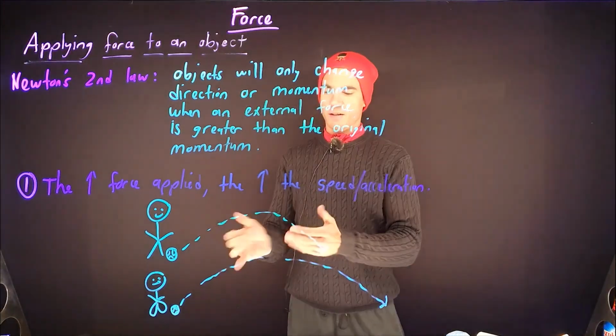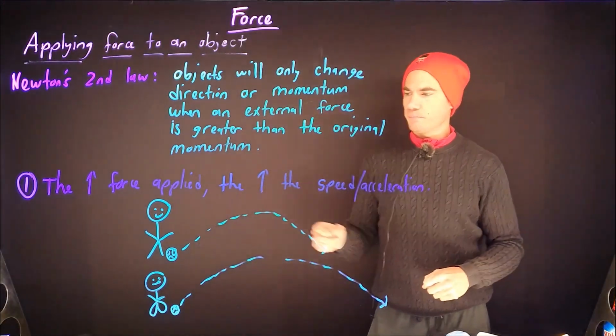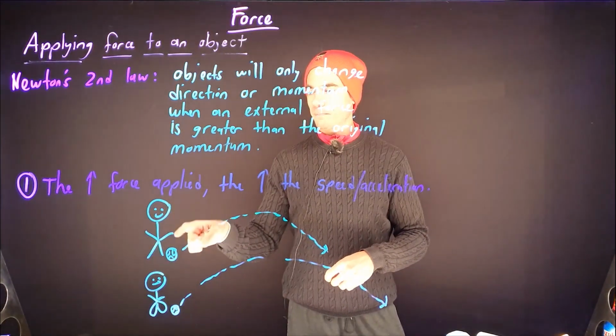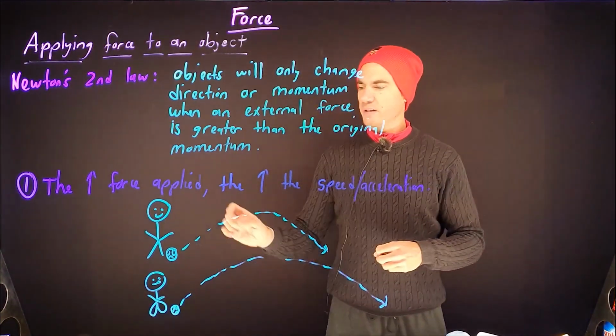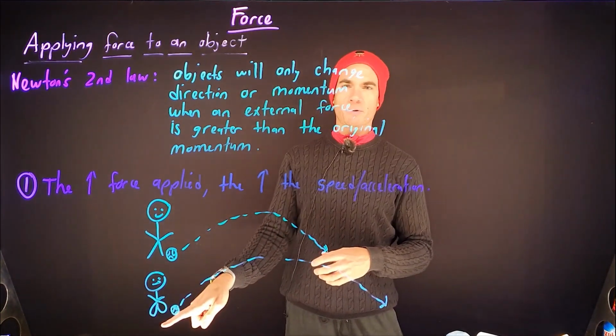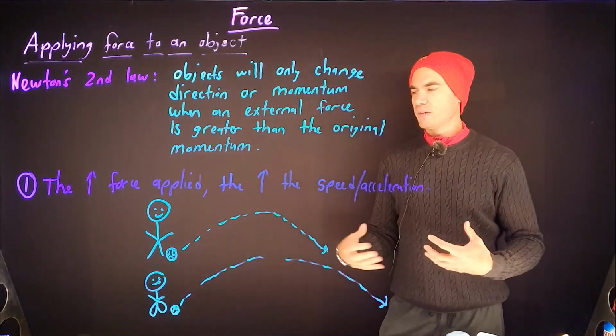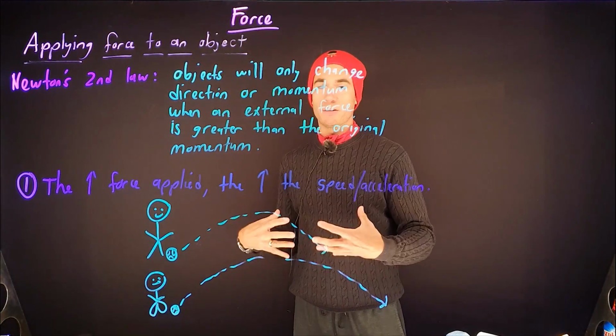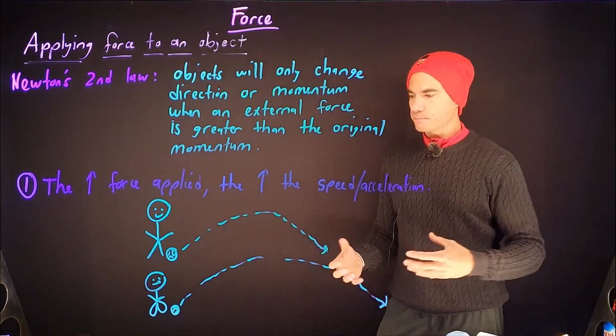So we've got two guys here, okay? They're both soccer players. They both have the same size soccer ball, except this guy's got standard legs and this guy's been working out. He's got tree trunk legs, all right? So he weighs more, and specifically his legs are more muscular.